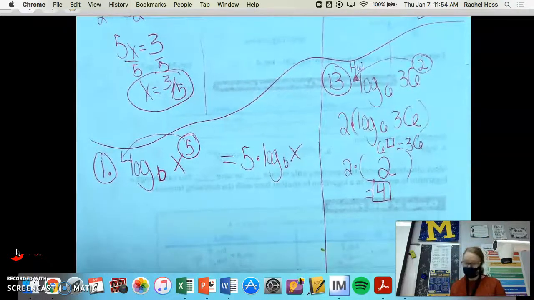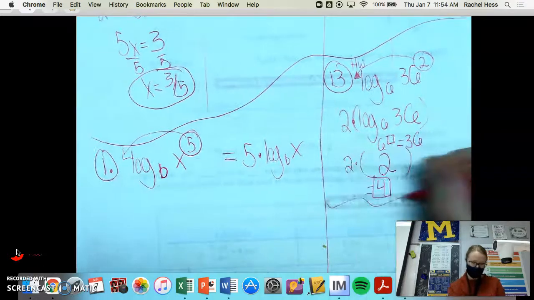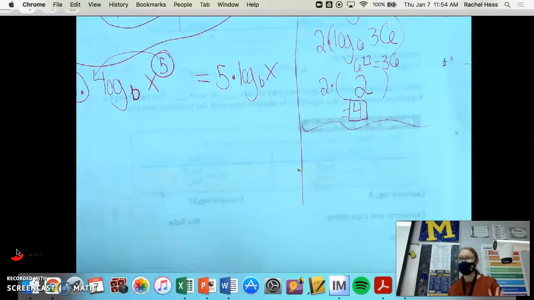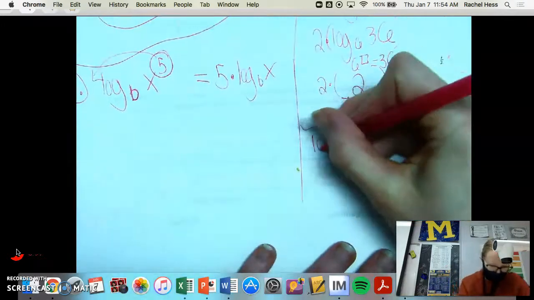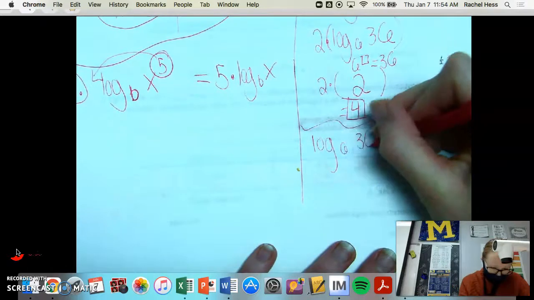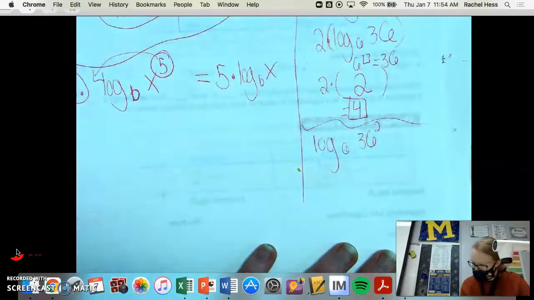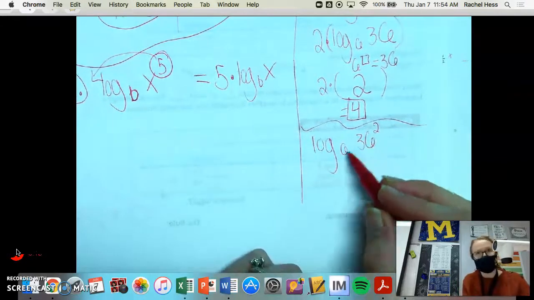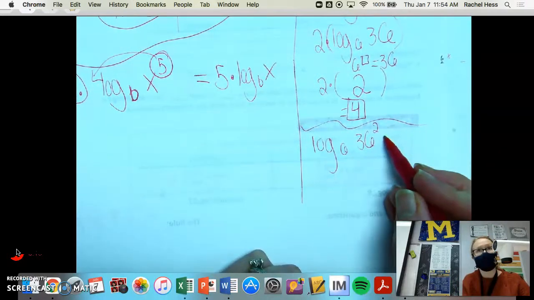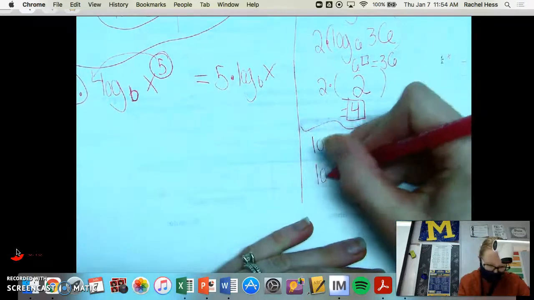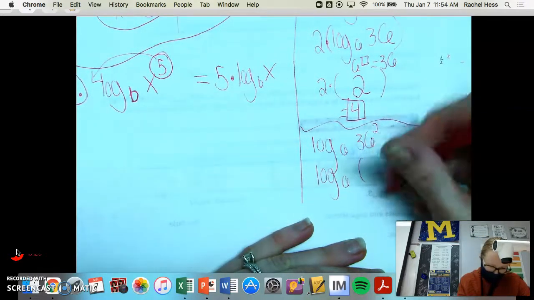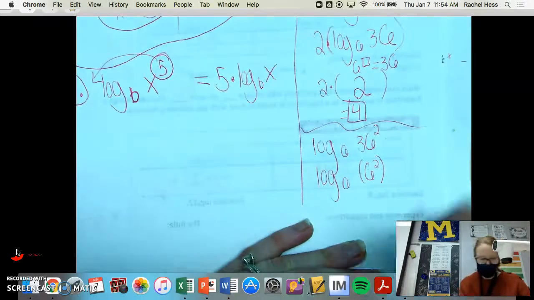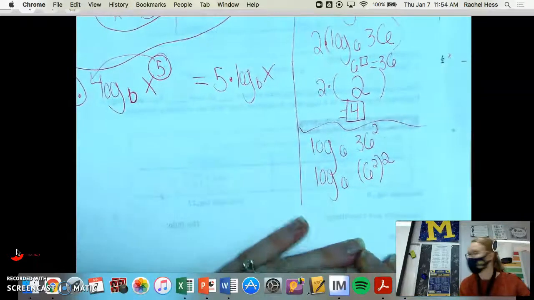There is another way to do this, and if you don't like it, then don't write it down or ignore me, but some of you are going to like this way, so you might want to just pay close attention. So we can start this same question again, right? If we have log base 6 of 36 squared, you might notice that 6 squared gives me 36, right? So let's simplify that. 36 is 6 squared, and then we have a squared on the outside.